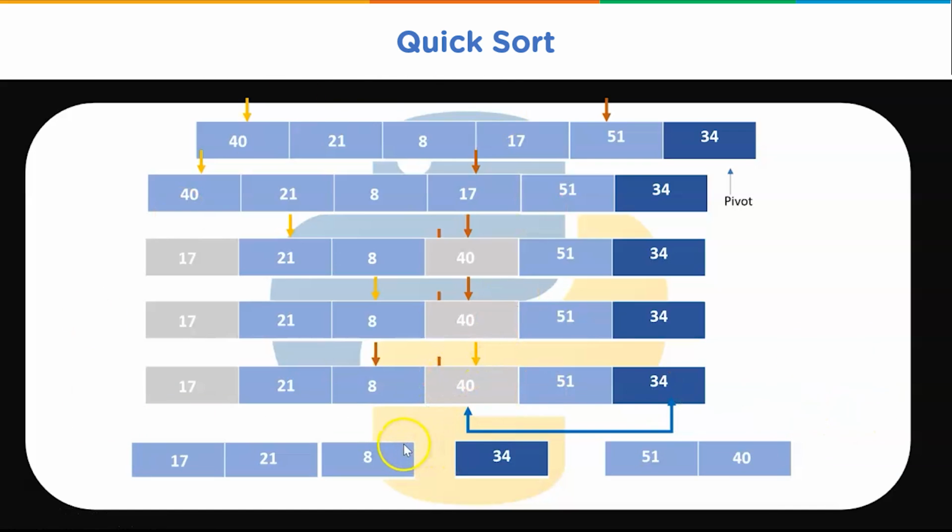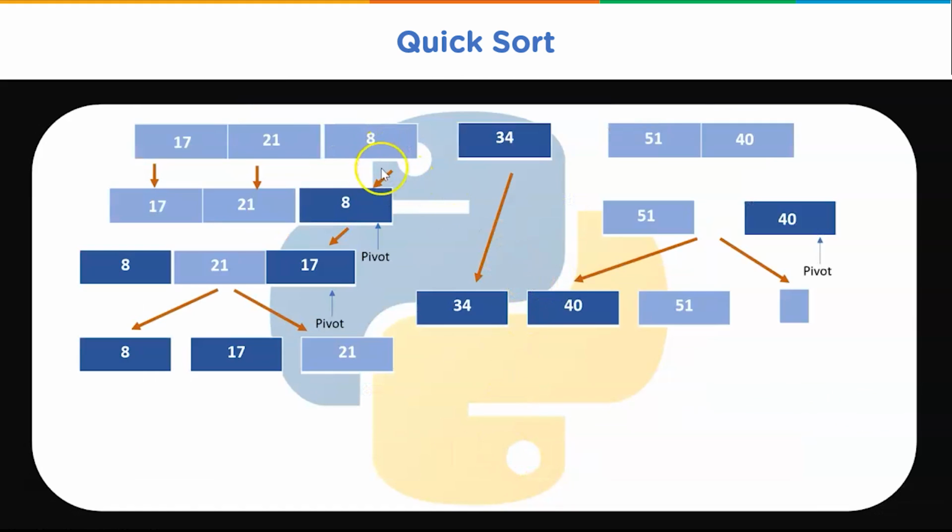Now the same logic will get applied to the left array and the right array. In the left array now 8 will be assumed as the pivot, and in the right array 40 will be taken as the pivot. Applying the same logic, 8 is taken as the pivot, and I and J are pointing at 17 and 21. As there are only two elements, 21 is greater than 8 and 17 is also greater than 8.